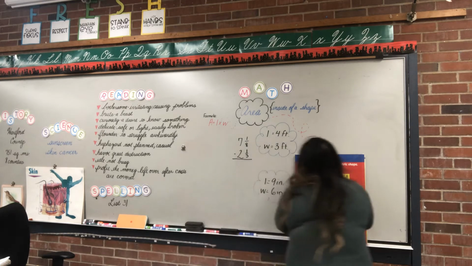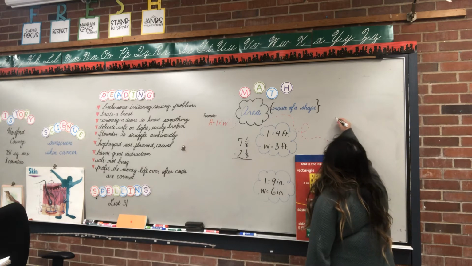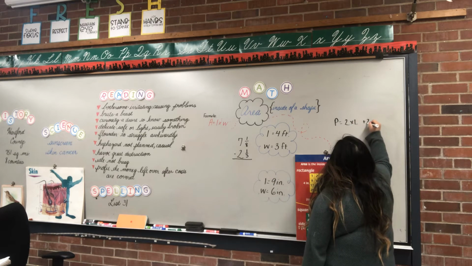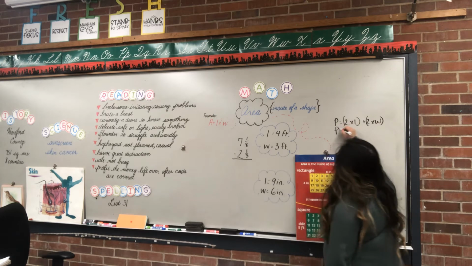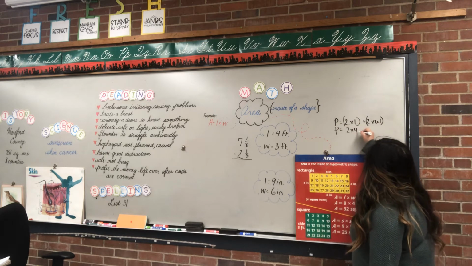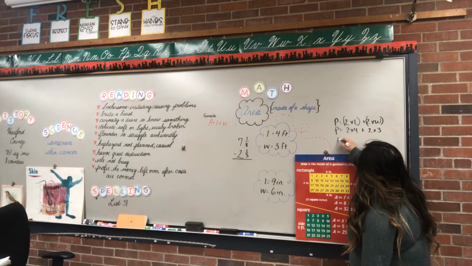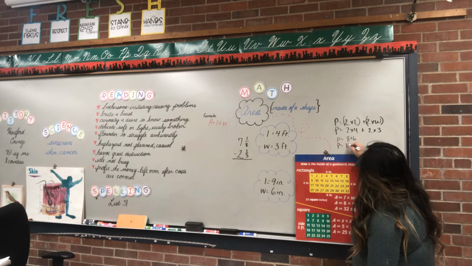If it's 4 and 3, here P equals 2 times L plus 2 times W. Then plug it in. P equals 2 times 4 plus 2 times 3. P equals 8 plus 6. P equals 14 feet.